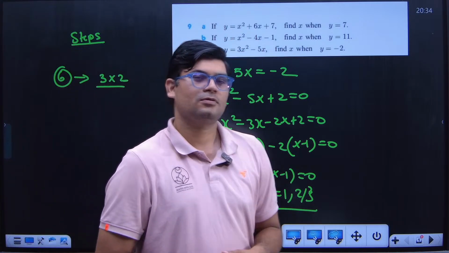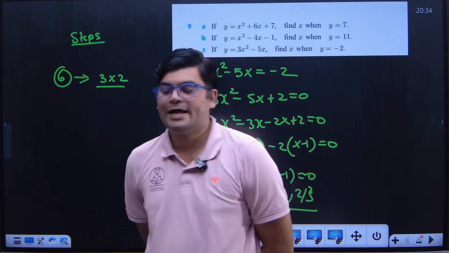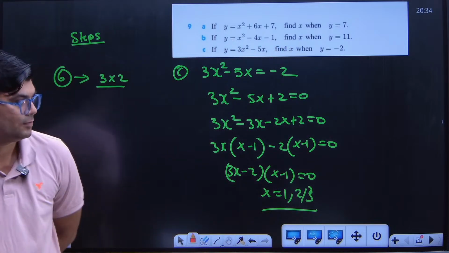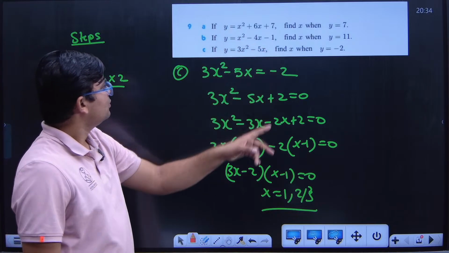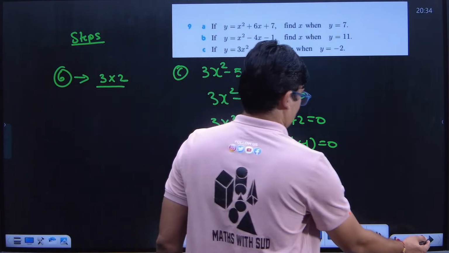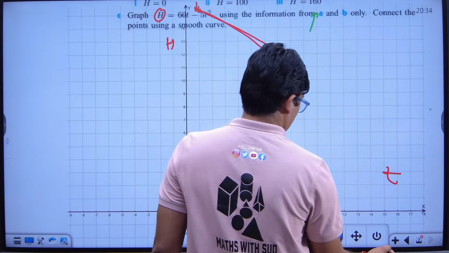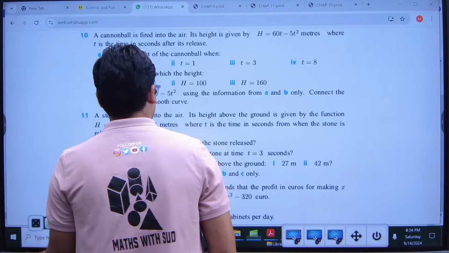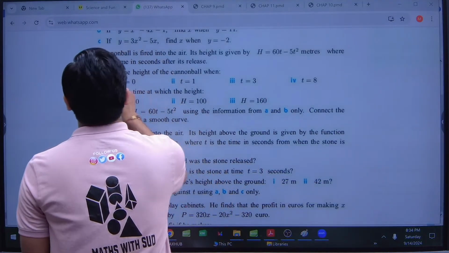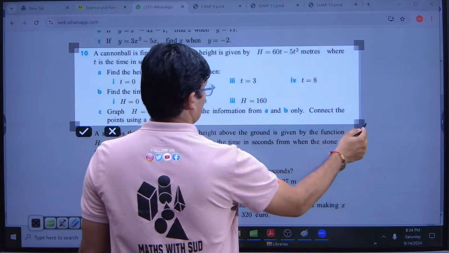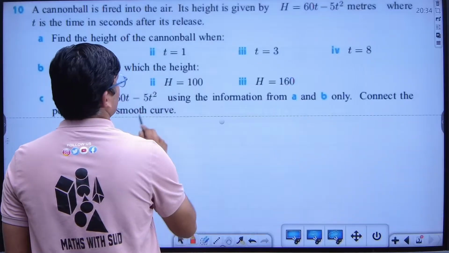Sir, you can get the highest value for H by, wait. No, I am asking for H. You can get the highest value when you multiply it with 3, because it's 135. How can you say that when t is equal to 3?